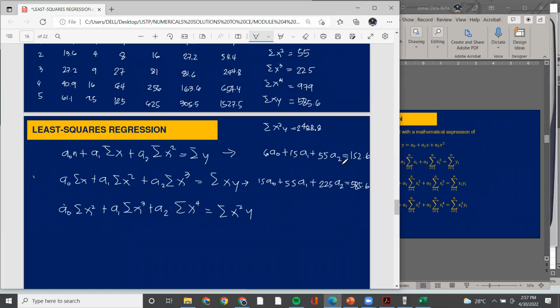There you have x squared, 55 a sub 0. Then you have 225 a sub 1 plus 979 a sub 2 equal to 2488.8.